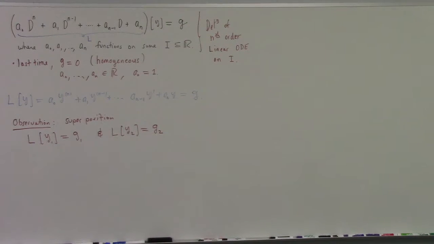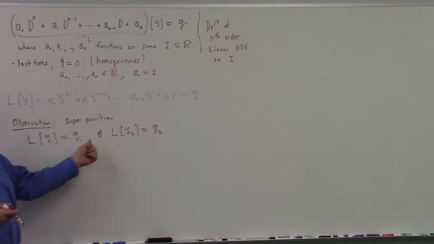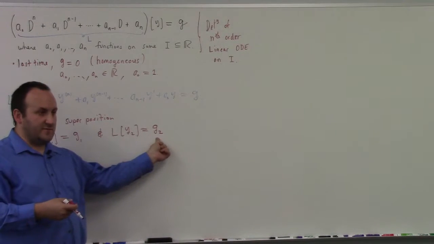If L is like Newton's equation, g takes on the interpretation of an external force. So this is the solution if you apply that external force, and this is the solution if you apply this external force.